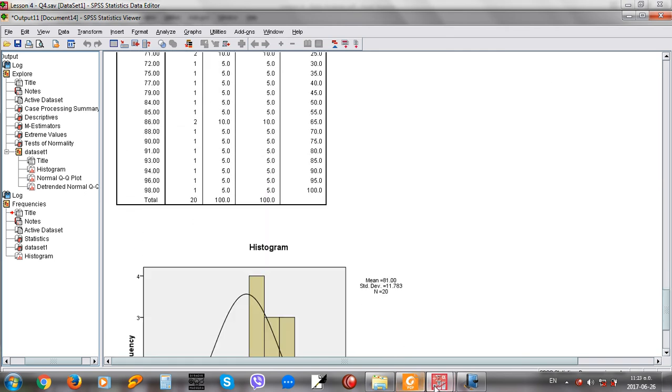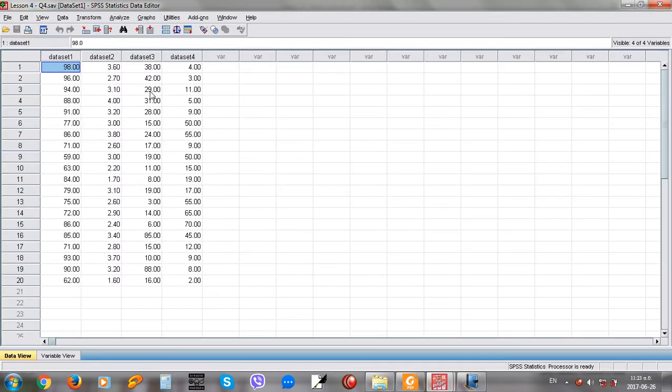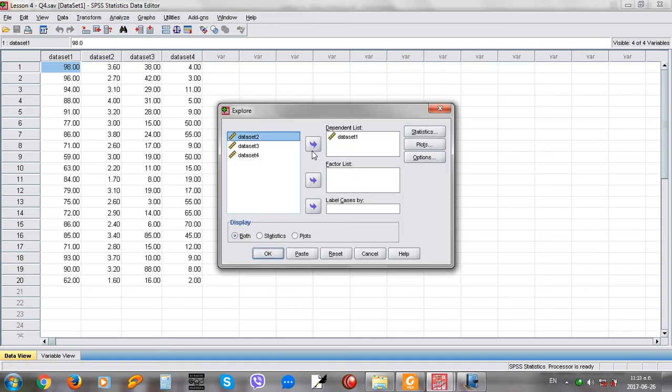I am considering another data set. I think we will check data set 3. Analysis, descriptive statistics, explore. I am taking data set 3 and doing the same thing.